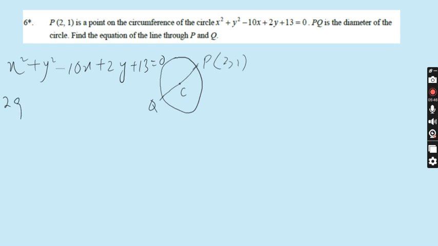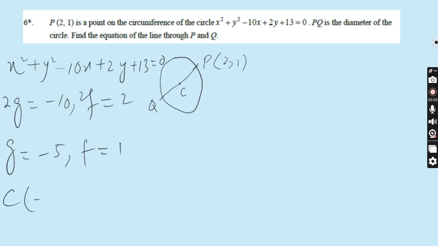Here 2g equals minus 10 and 2f equals 2, g equals minus 5, f equals 1. So the coordinates of the center are (minus g, minus f), which is (5, minus 1). So the coordinates of the center are (5, minus 1).